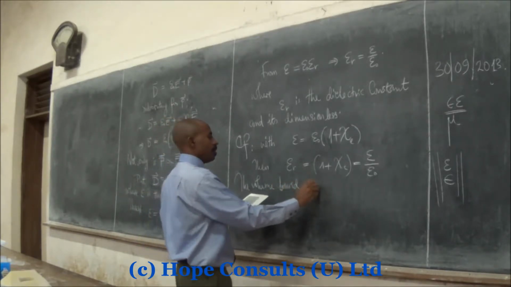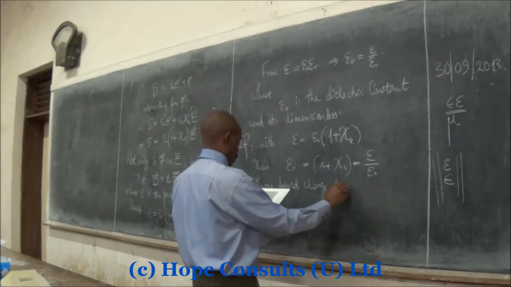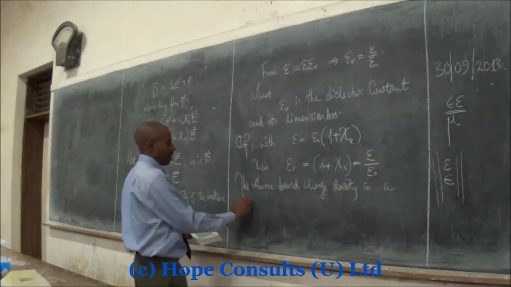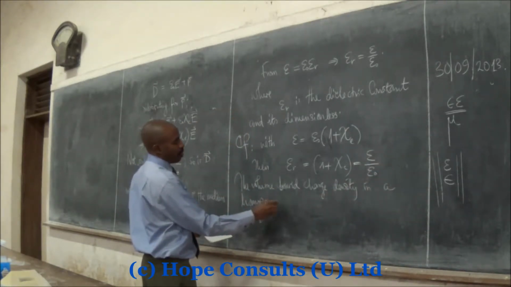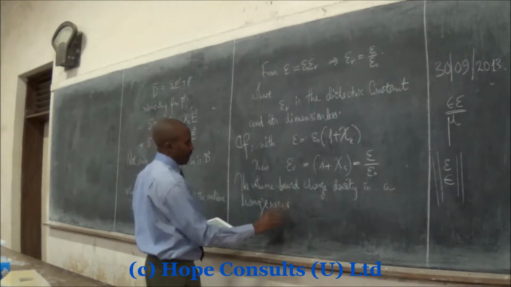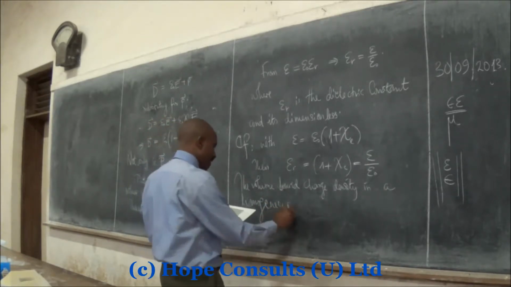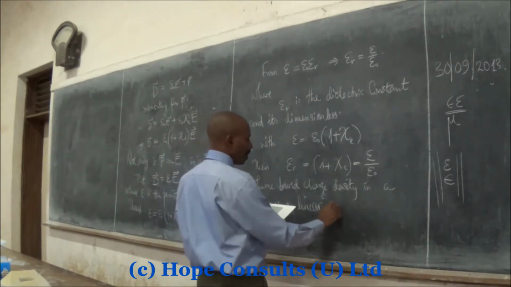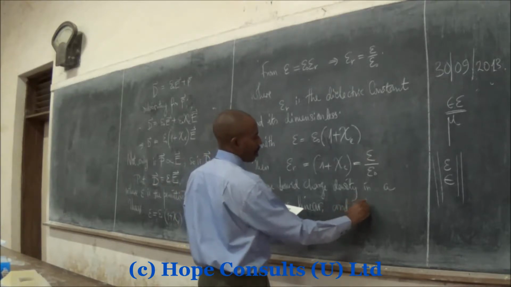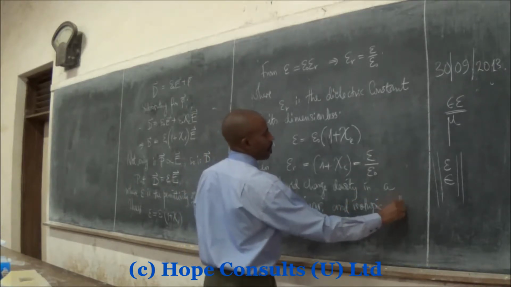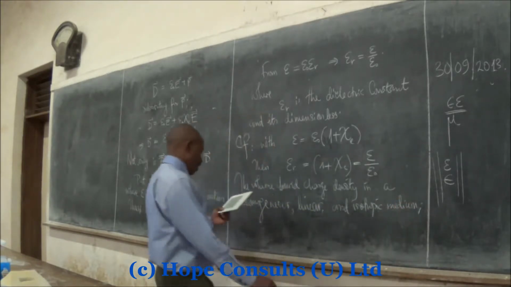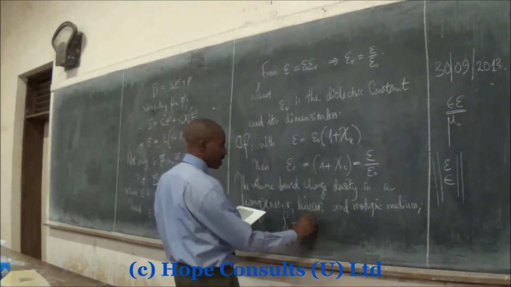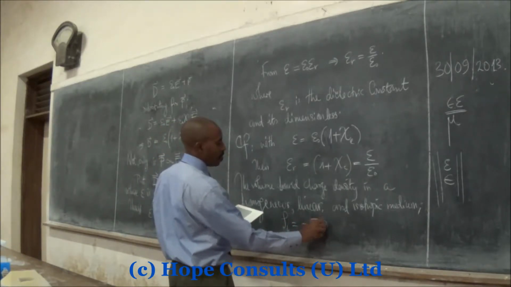The volume bound charge density in a homogeneous linear, that is a uniform linear isotropic medium, would be rho bound equal to minus divergence of the polarization.